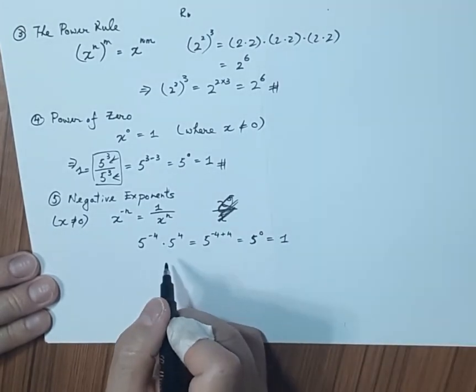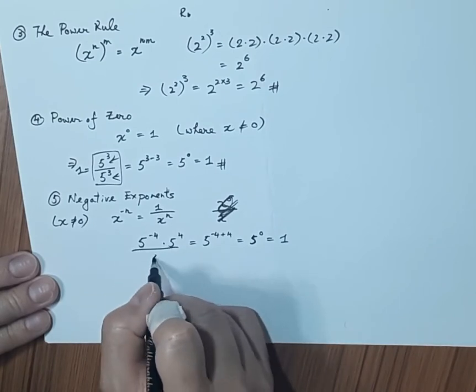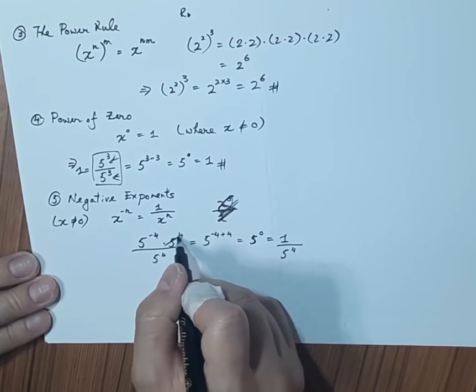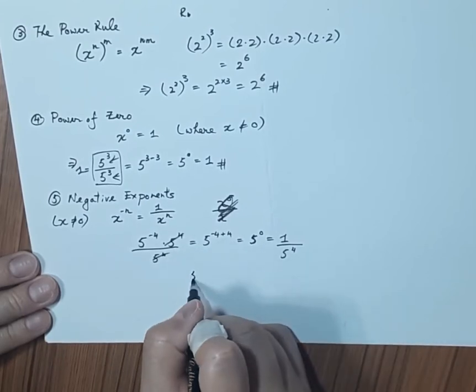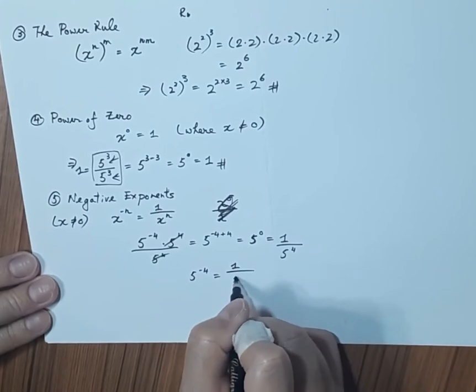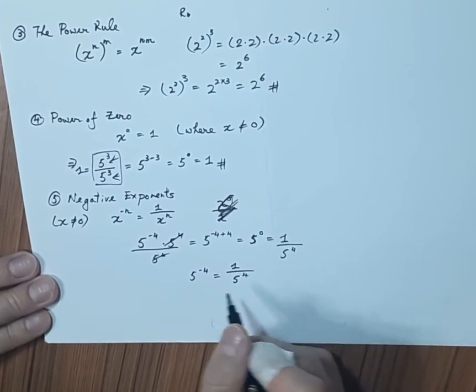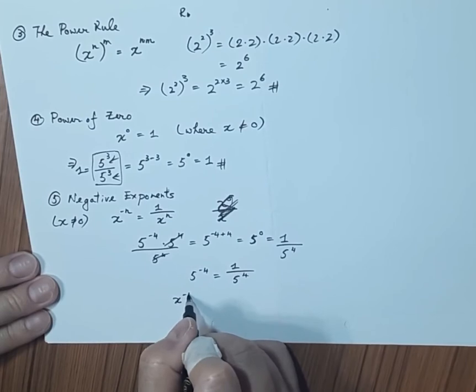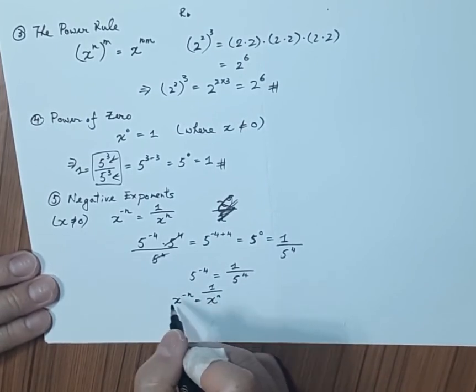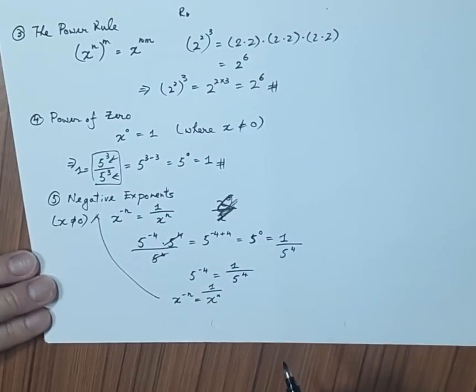If we divide each side by 5 to the power of 4, on the left hand side we cancel this out. We get 5 to the power of minus 4 is equal to 1 over 5 to the power of 4. That means x to the power of minus n is equal to 1 divided by x to the power of n. We proved the negative exponent rule.